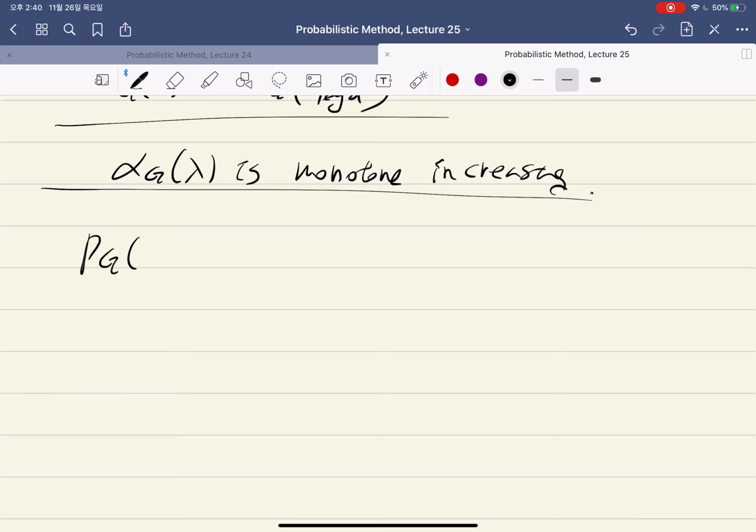So we know that this is the definition of the independence polynomial. And what happens if you take the derivative twice?